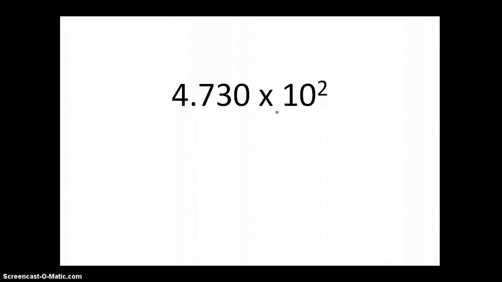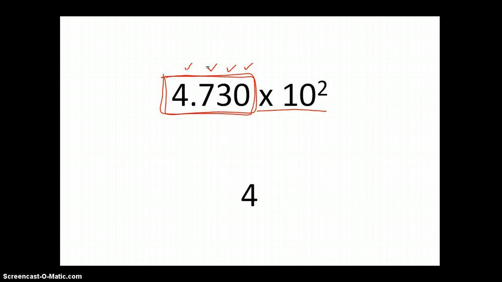So in this case, what I would like for you to do is just simply circle all of the numbers that are between the times 10 to the something. Whatever is before the times 10 to the is significant. So that means every single digit you circle is significant. So therefore, I'm going to have 4 sig figs in this number.